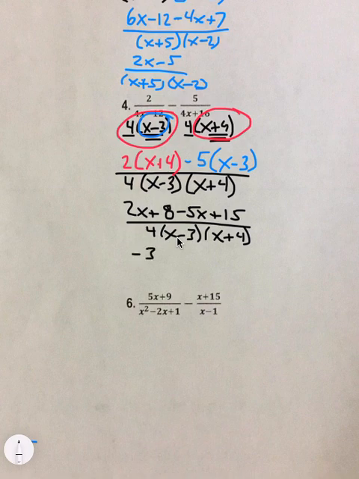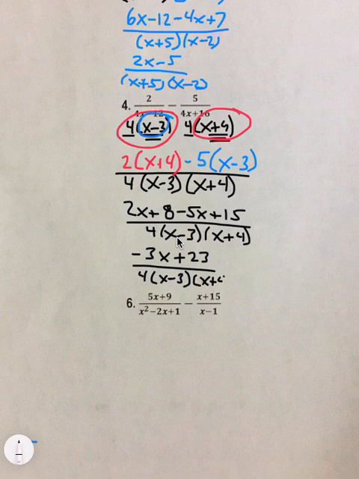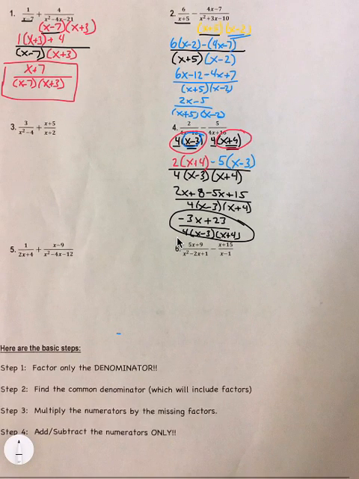Negative 3x plus 23 over this whole thing. So if you can find the common denominator, you're going to be in good shape. And just remember that you multiply the numerator by the part that's missing, the denominator part that it's missing.